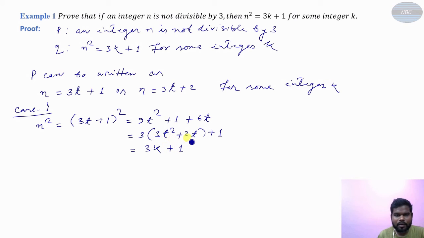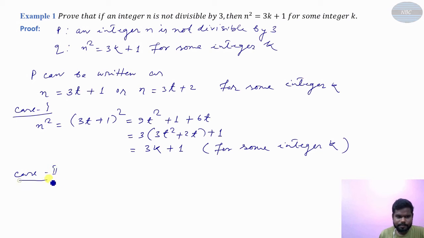Instead of 3t square plus 2t, you can write k, for some integer k. So this is the first case.